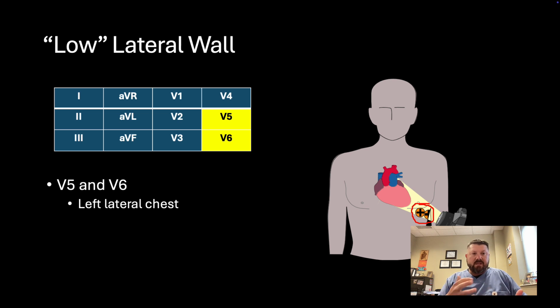So they don't use the same positive leads, even though they're recording in the same general area. So V5 and V6 is low lateral. So you could say that lead 1, AVL, V5, and V6 are contiguous leads.